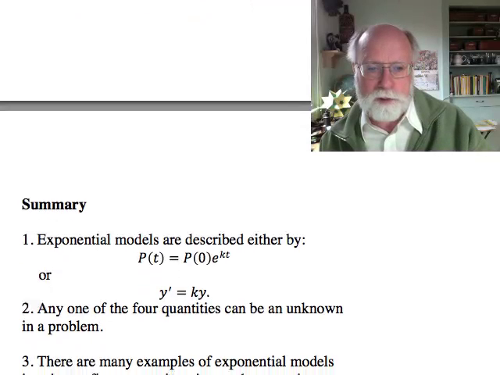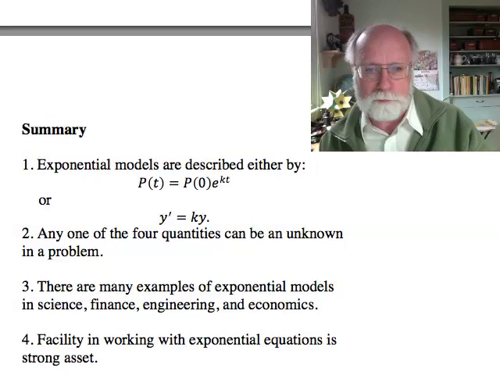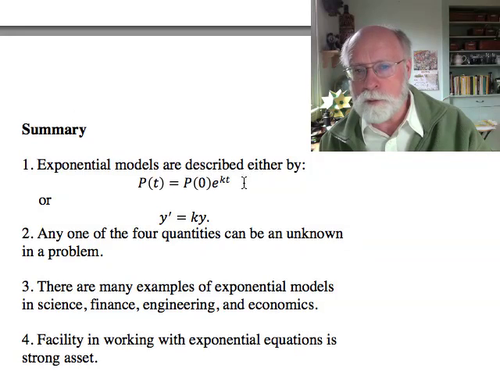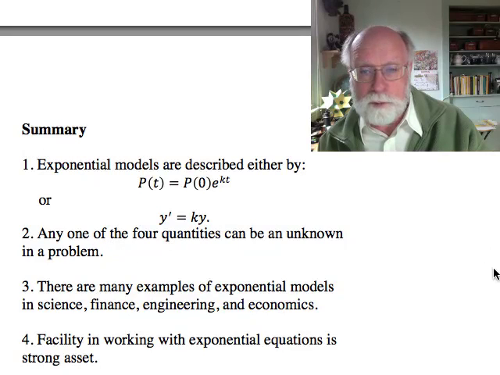Okay, let's just summarize what we've got so far. In this video, we've looked at the general solution of the differential equation y prime equals ky, and we discovered that it's p of t equals p of 0 e to the kt. There are 4 quantities, and any one of them can be the unknown in a problem.